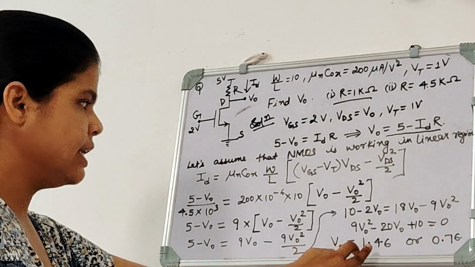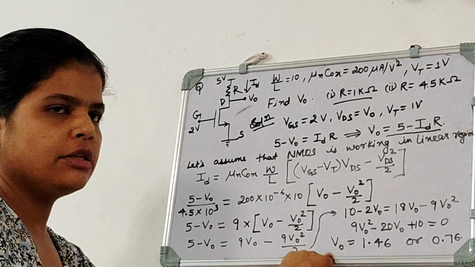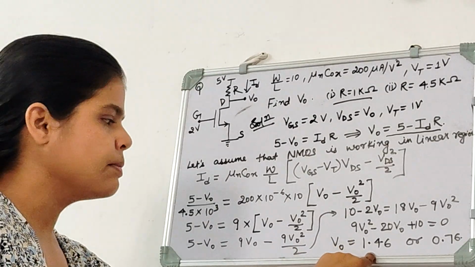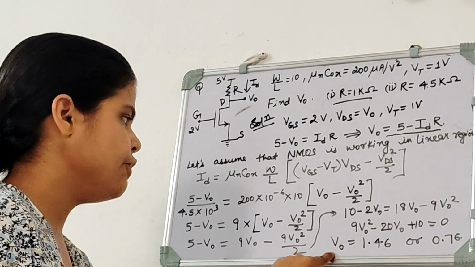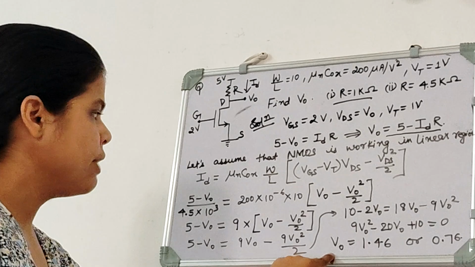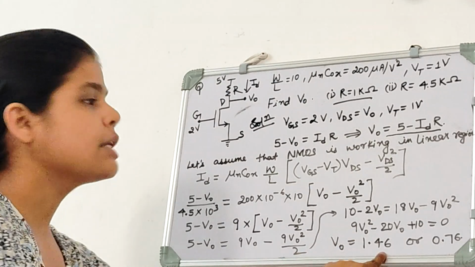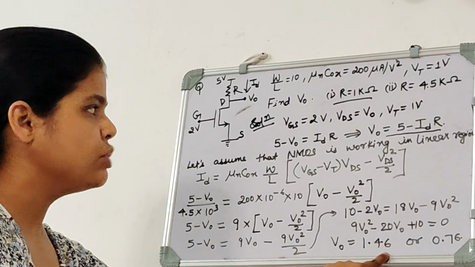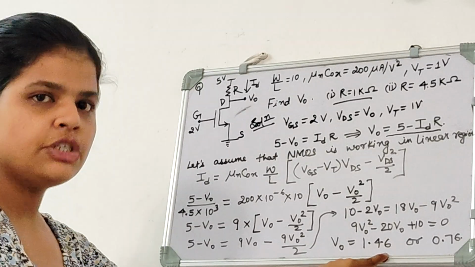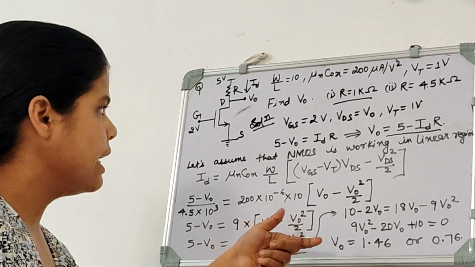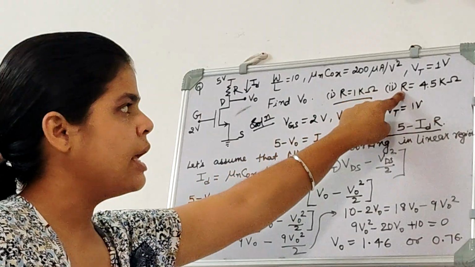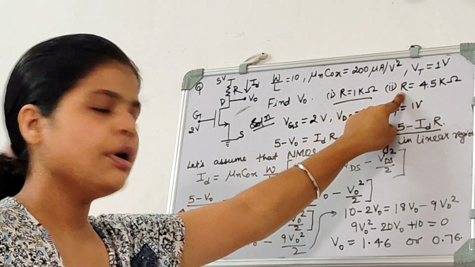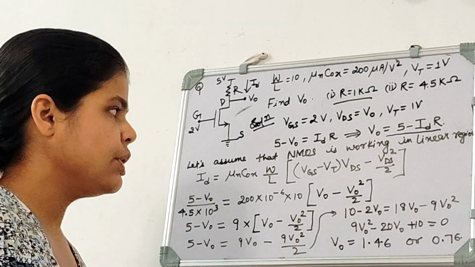But we can't say that the value of V naught is, I mean, two values are there for V naught. So we have to verify again which one is correct. So how will we verify this? Again we will verify this using the condition for regions. Like we saw that when our R is equal to 4.5 kilo ohm, it is not in saturation region.